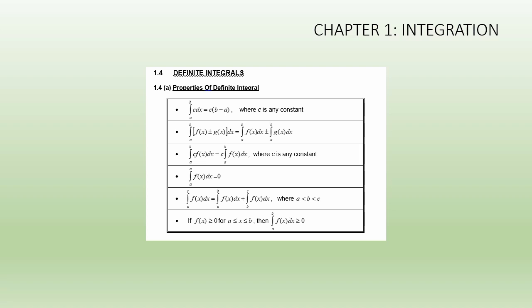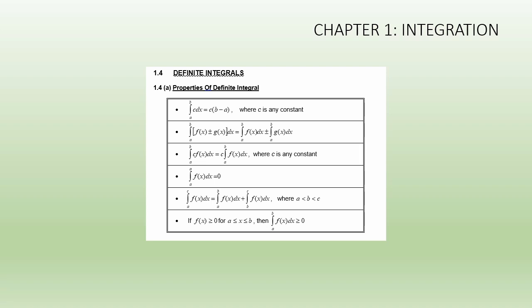Third property: if we have the integration from a to b for a constant c multiplied with a function f(x), we can put c to the front and just integrate from a to b for the function f(x), where c is any constant.